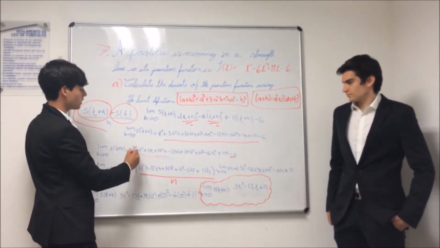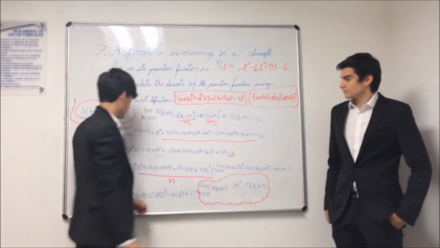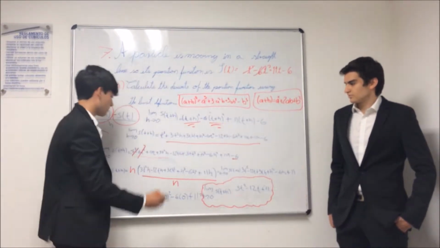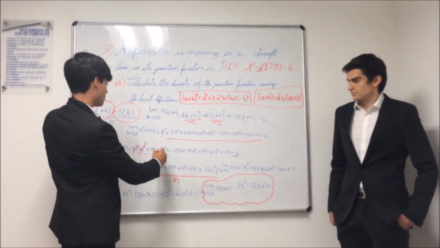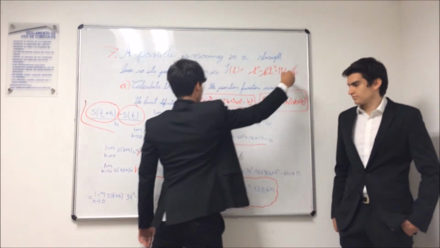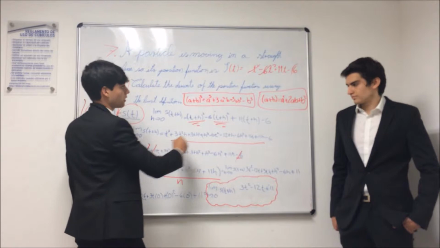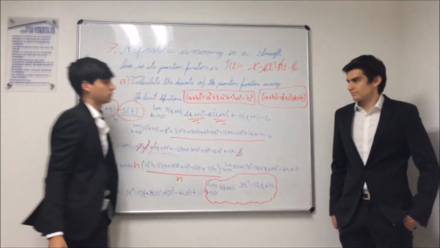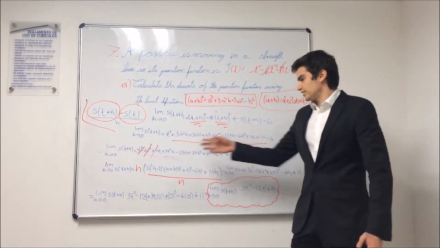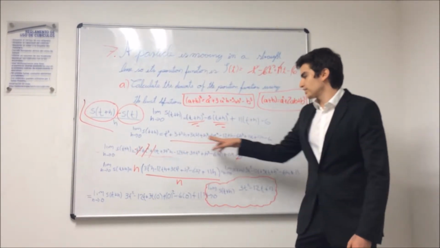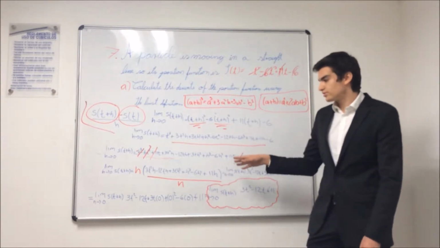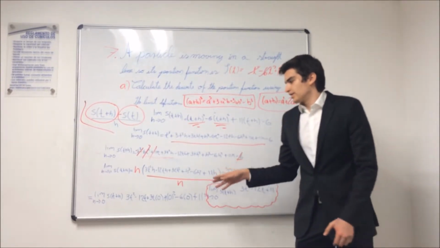It's going to eliminate this one with this one, with that, with this one, and this one with this one, and this one with this one. And when you finish eliminating, you're gonna get only this, and this is what you're gonna use to get the derivative.